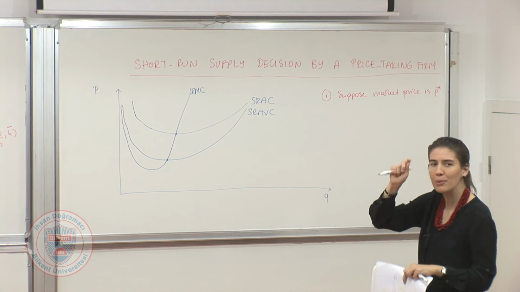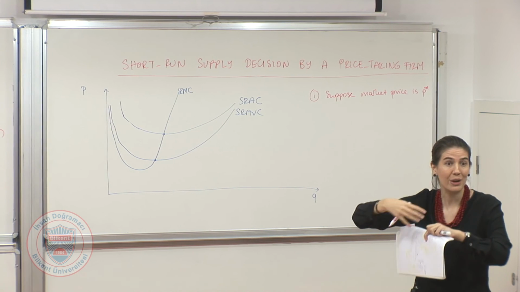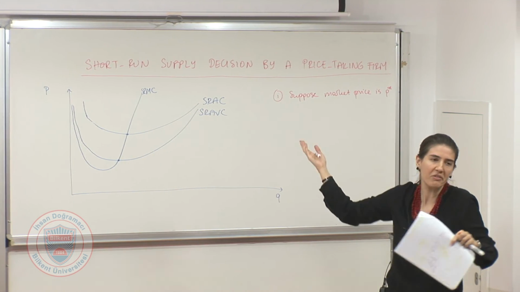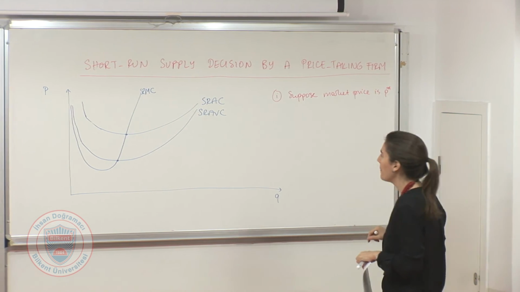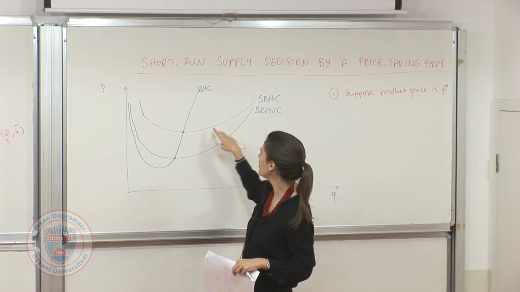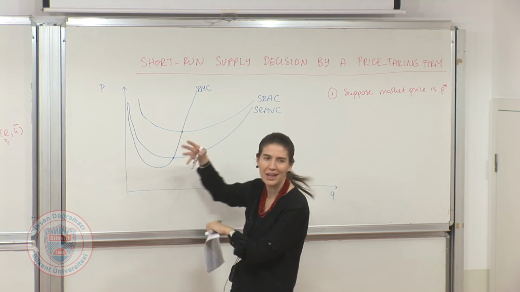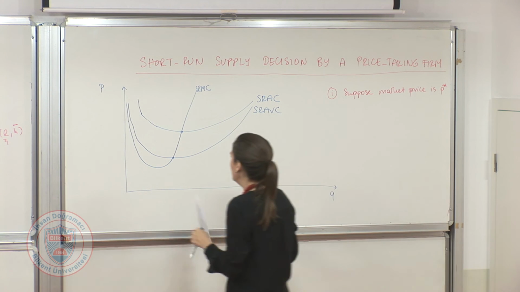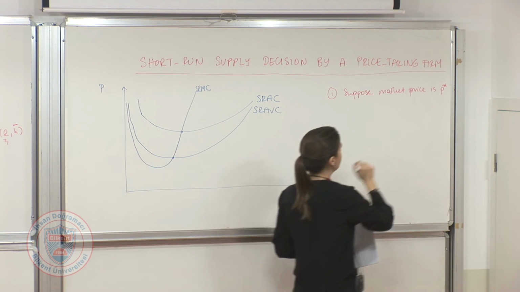So the variable cost is the cost that changes when your output changes. But the fixed cost doesn't change, okay? And because it's harder to show the totals, we want to show the averages. That's why we plot the averages. Averages are easier, okay?